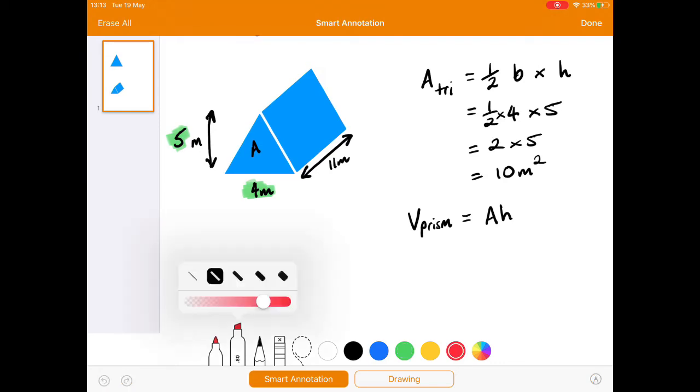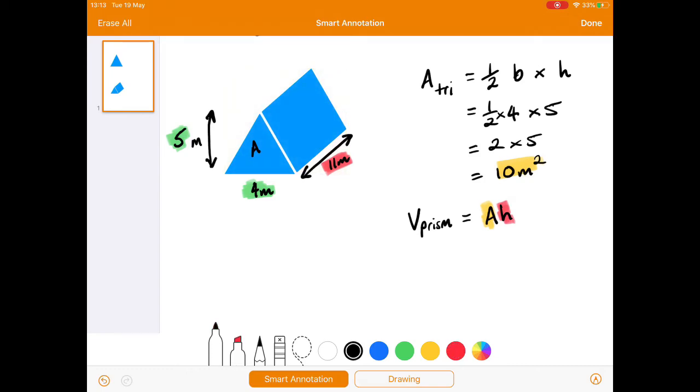So the height of the prism is 11, even though it's on its side. And the area of the prism is 10 meters squared. So the area is 10 and the height of the prism is 11.